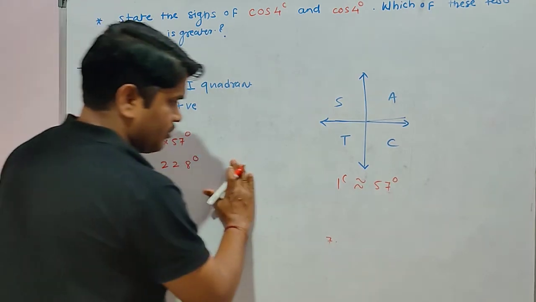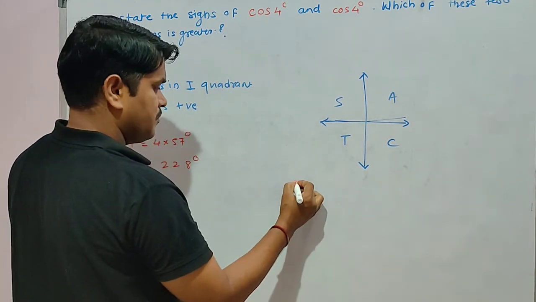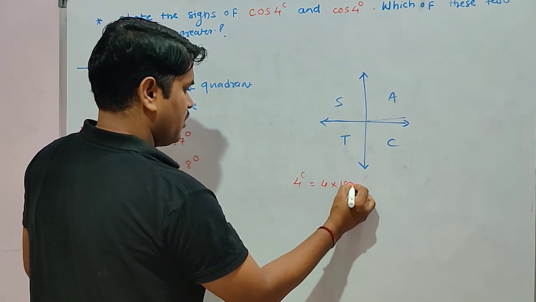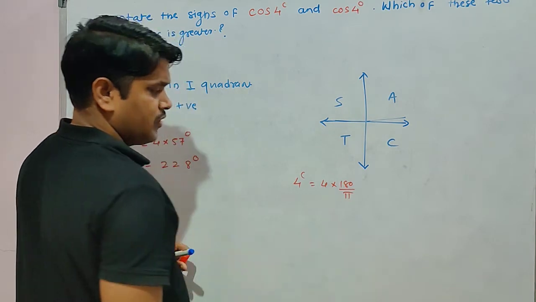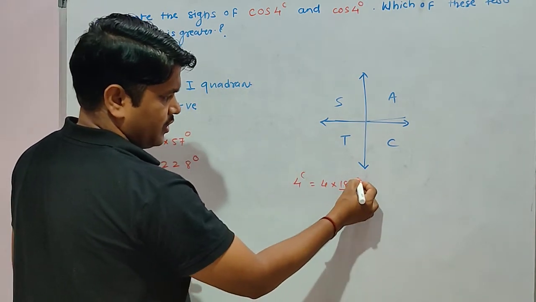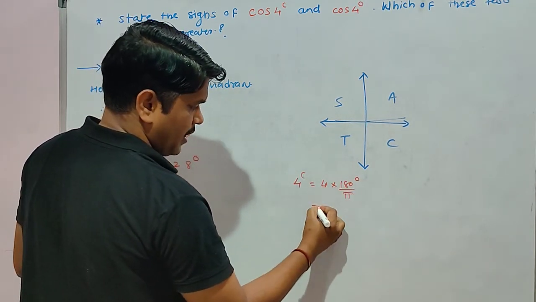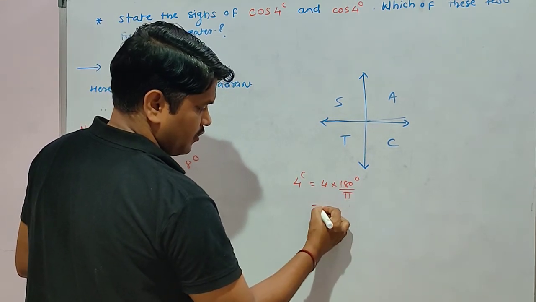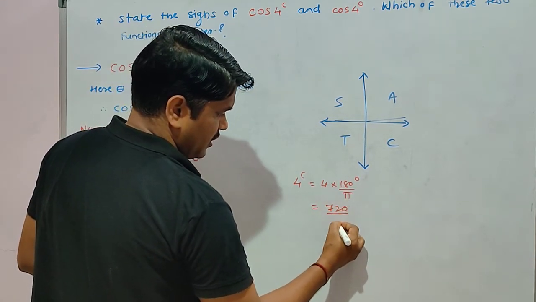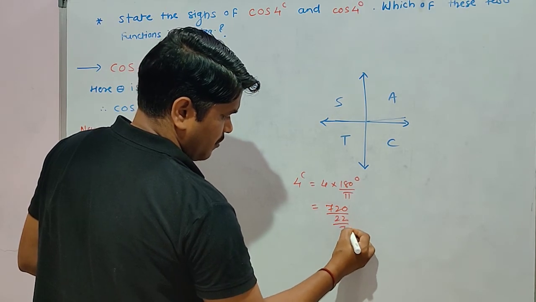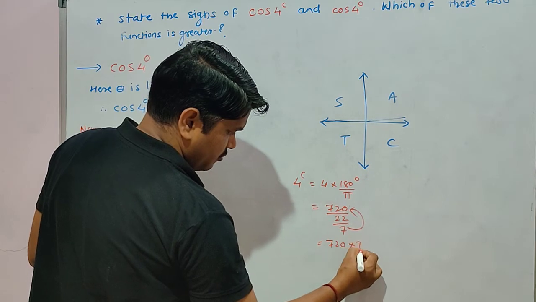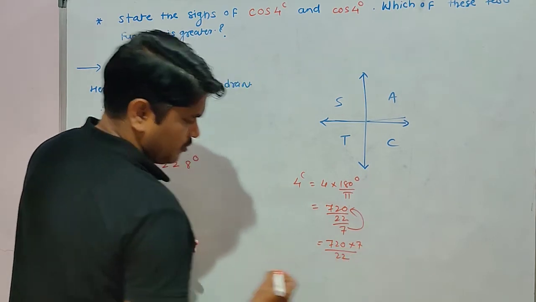Or we can use another method. 4 radian is equal to 4 into 180 upon pi, since to convert radian into degree we multiply by 180 upon pi. So 4 into 180 is 720 upon pi. Pi is 22 divided by 7, so it becomes 720 into 7 divided by 22.